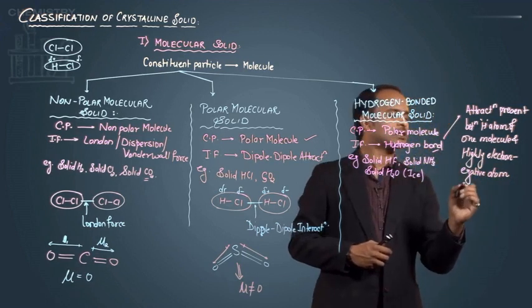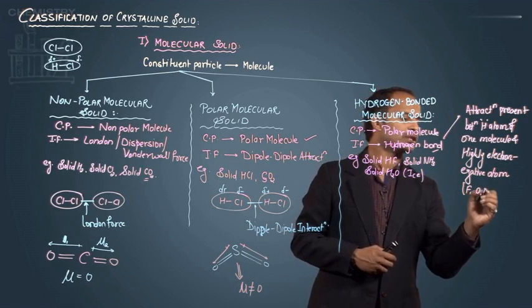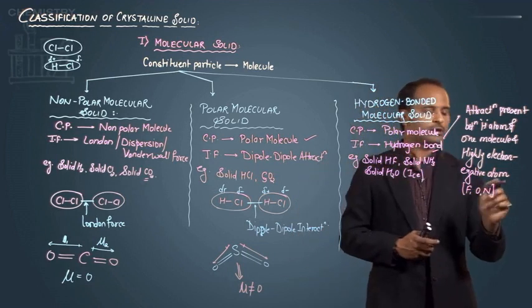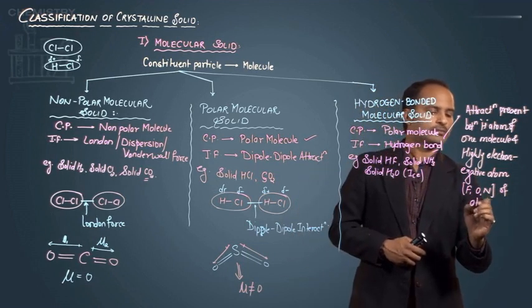Highly electronegative atoms are considered to be three atoms, that is fluorine, oxygen and nitrogen, of the other molecule.